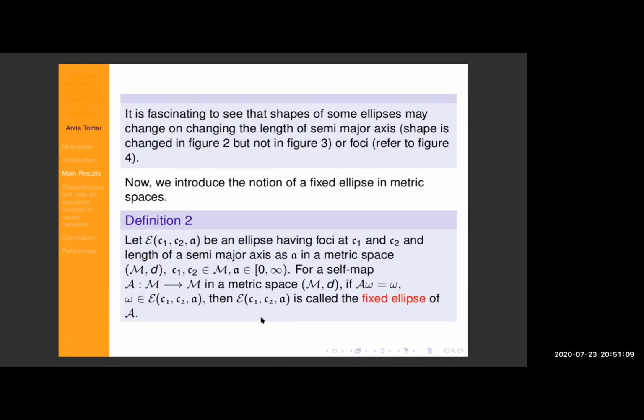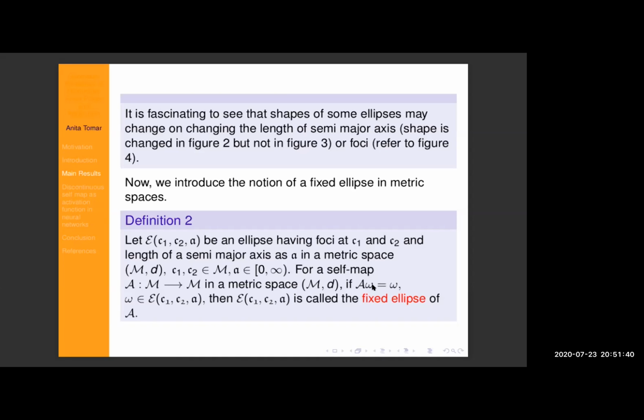So first of all, we introduce the fixed ellipse. If we define an ellipse with one focus at C1, another focus at C2, and A the length of the semi-major axis, and we take a self-map A of a metric space (M, d), and AW equal to W, meaning W is a fixed point of A, for all W belonging to this ellipse, then this ellipse is called the fixed ellipse of A. A is the self-map, and this is the ellipse.